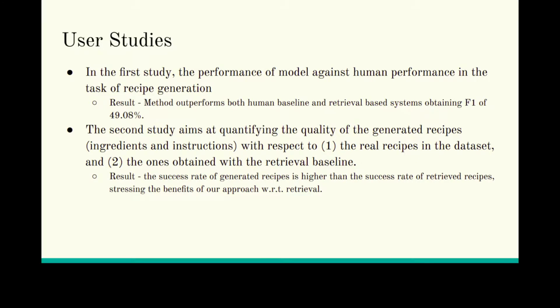IOU and F1 scores are used to measure the labeling quality. Intersection over union, that is IOU, is an evaluation metric used to measure the accuracy of an annotation on a particular task.